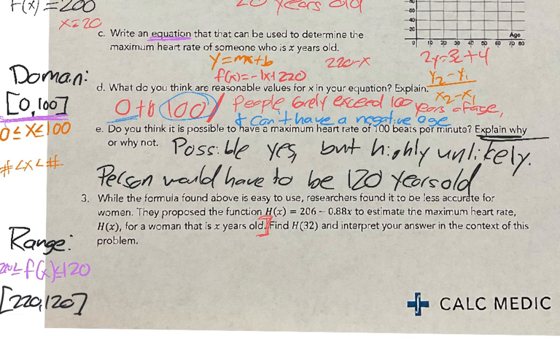So if we think about these graphically, let's say the male graph is here, that's my 220 minus x. The female starts at 206, which is here, but because the slope is negative 0.88, it's not going to be tilted as much. It's going to be a little flatter.